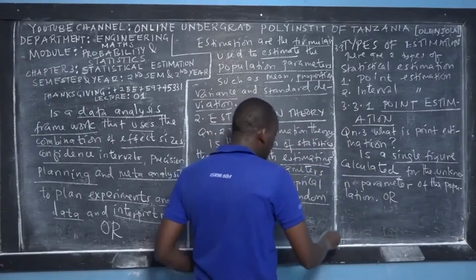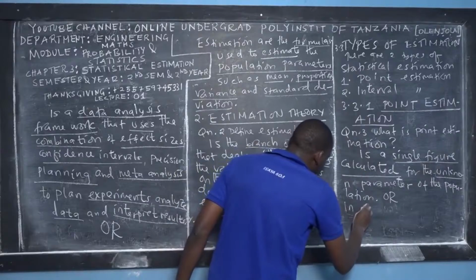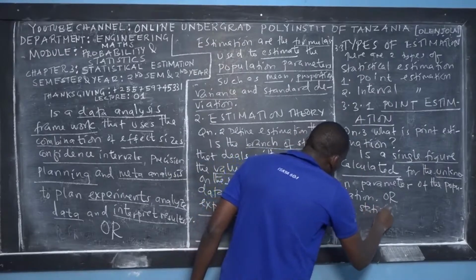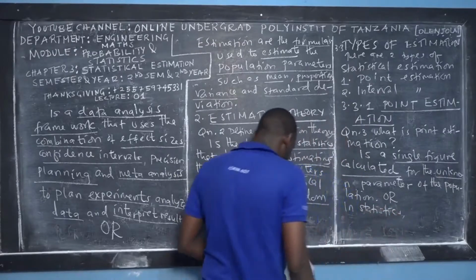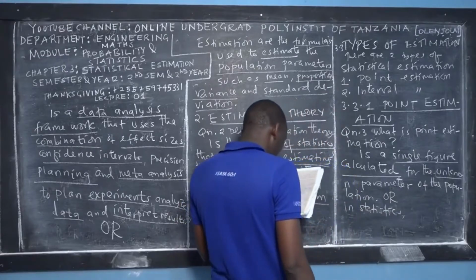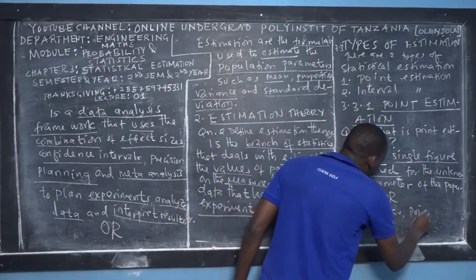Some of the references define point estimator in this way, especially Wikipedia. In statistics, that's why I told you I also use online references.